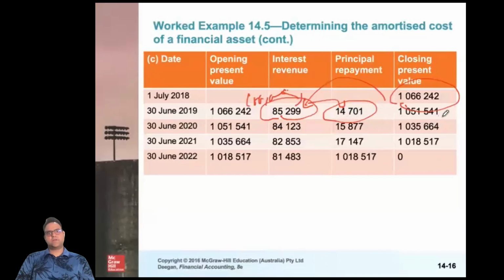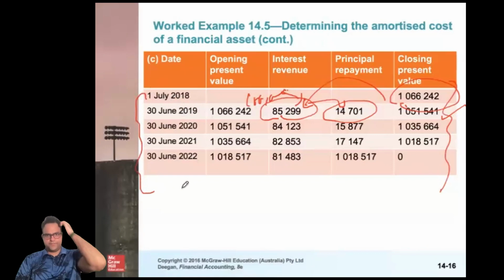So the closing present value, which has been reduced after the first payment, is 1,051,541. And this is how we prepare the whole lease schedule each year. I think you have already mastered this while doing the lease question. So this same lease schedule is what we call the amortization model here.